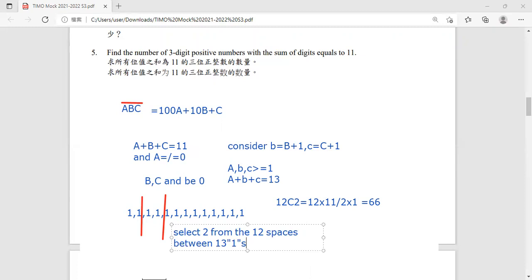Select 2 from the 12 spaces between the 13 ones, so it's 12C2.